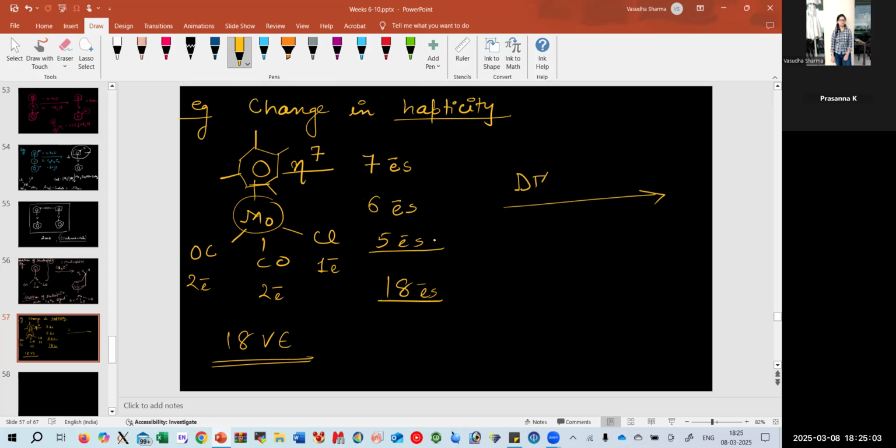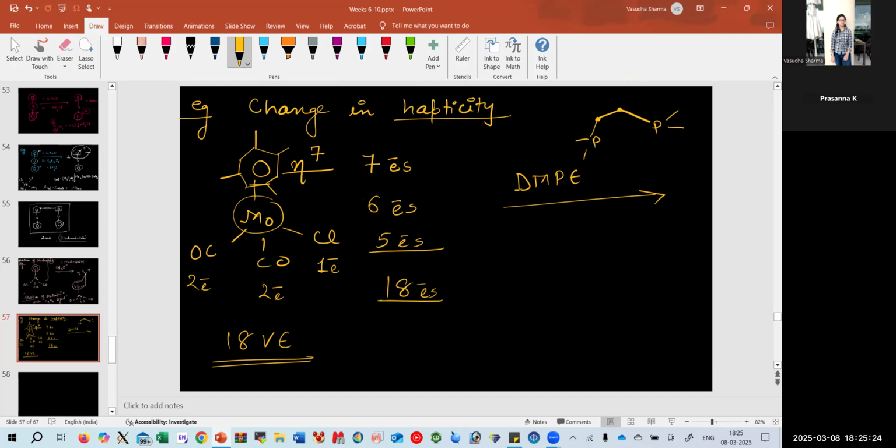So now we are using DMPE. DMPE is nothing but a substituted phosphine group having an ethane backbone. That means bis(dimethylphosphino)ethane, where we have a 2 carbon center, and here there are methyl groups.